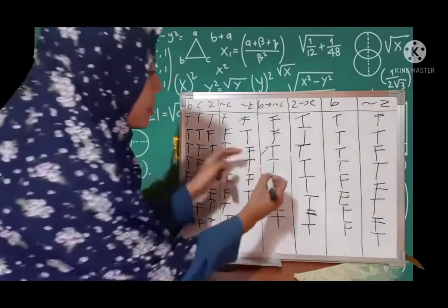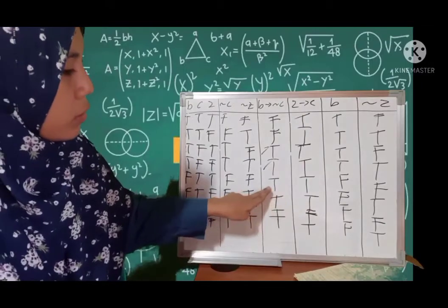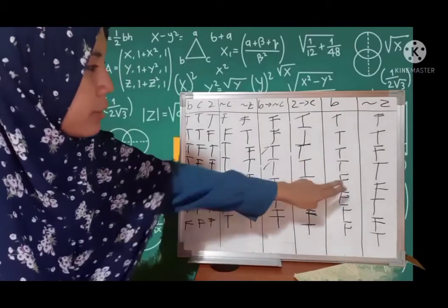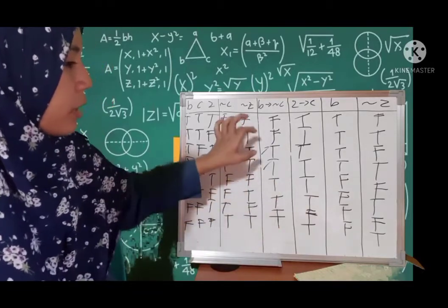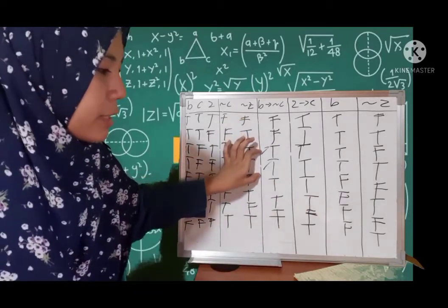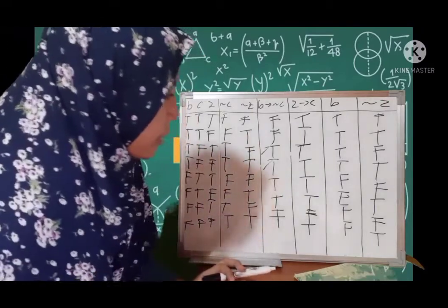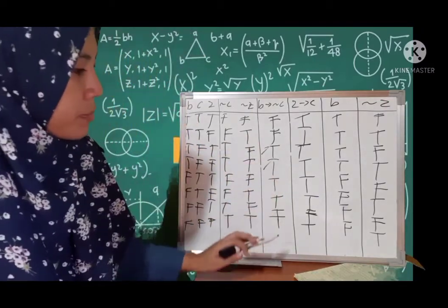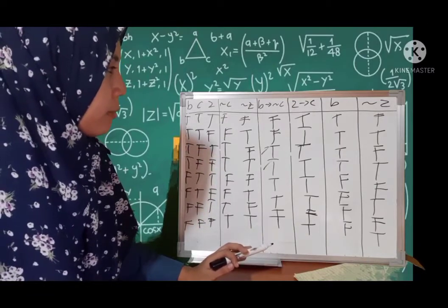Dito rin, makakapag-base, kasi true, true, true. Dito, hindi, kasi may false dyan. So, dalawa lang yung mabibasean natin dito. Kapag mag-base tayo, be sure na complete yung ating i-base dito.